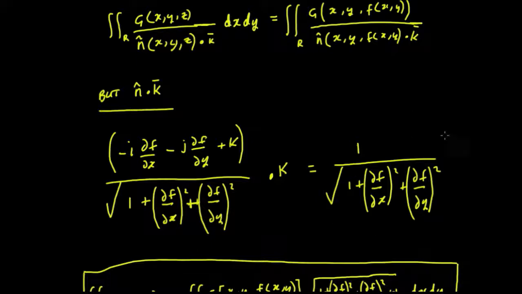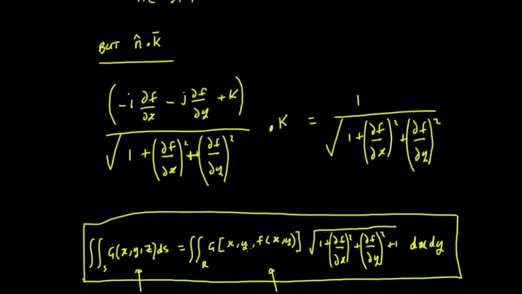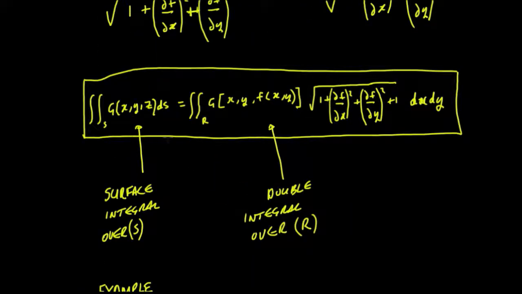So now we can put this in for n dot k. But of course n dot k is in the bottom line, so the 1 over this will head up onto the top line. So finally we're going to be left with this equation here.